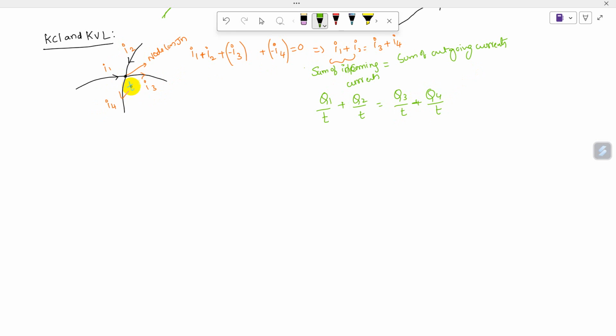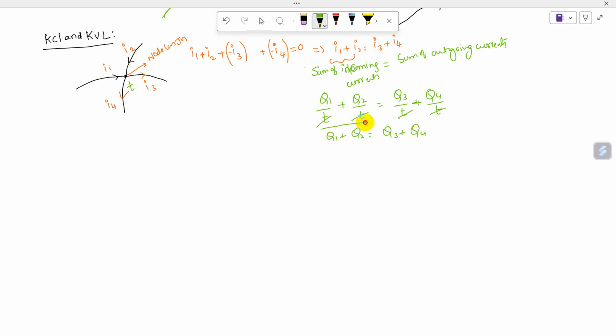At this particular instant of time t, we are taking how much current is entering at this node and how much current is leaving from this node. In all the terms t is constant, so I can cancel all these. Finally I will get q1 plus q2 is equal to q3 plus q4.